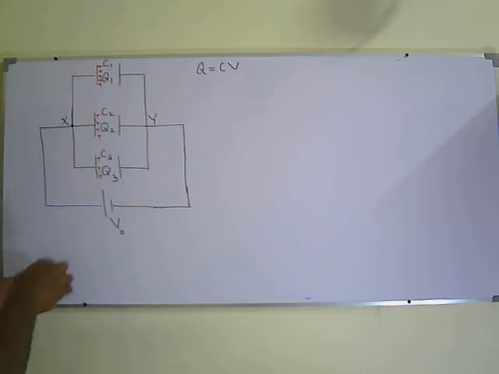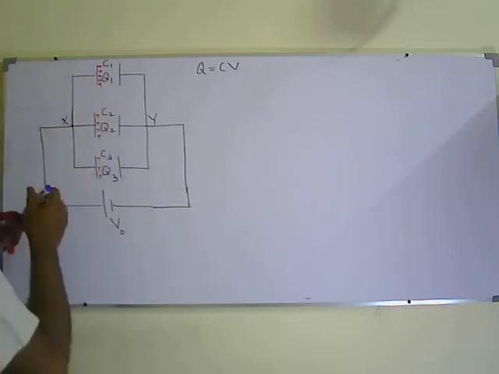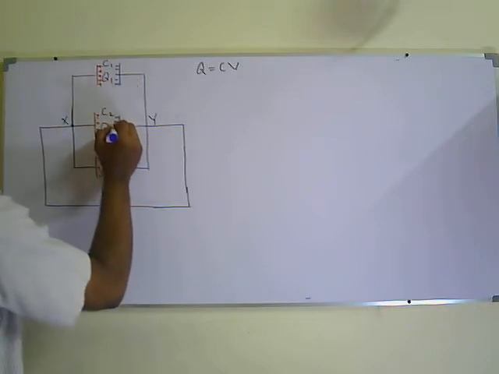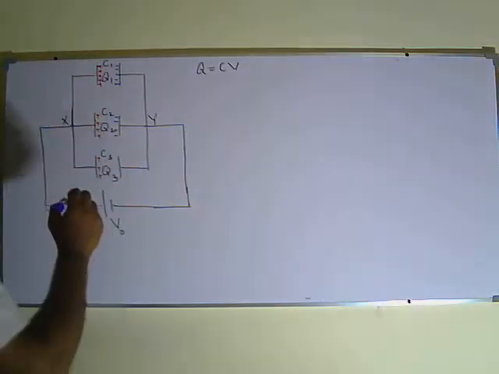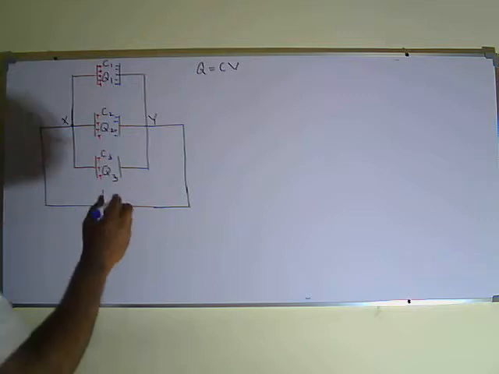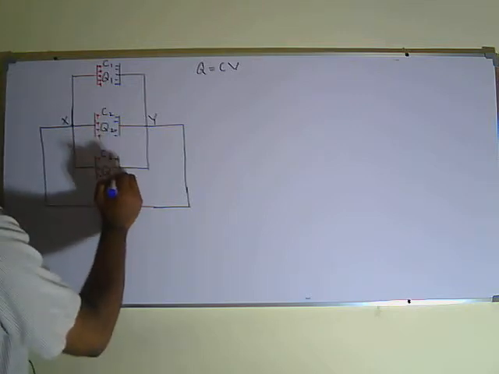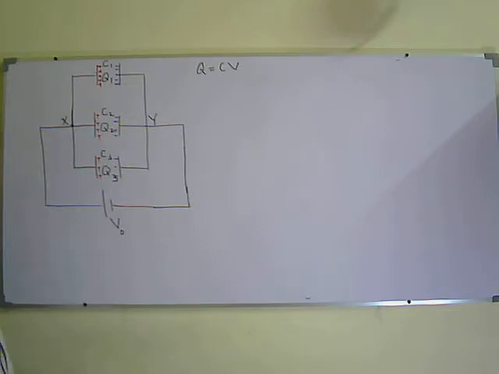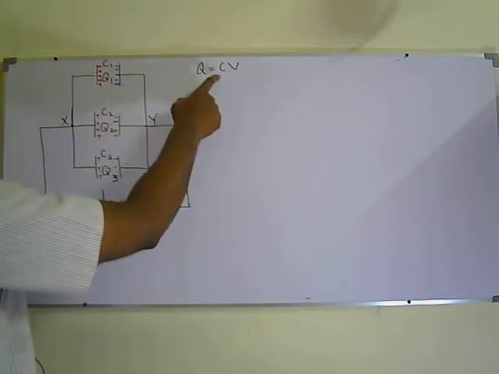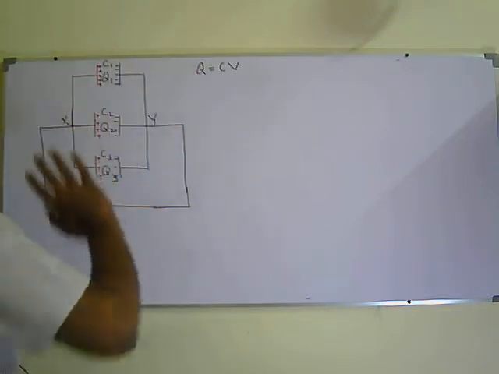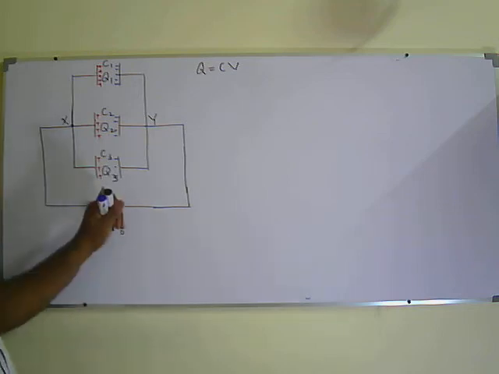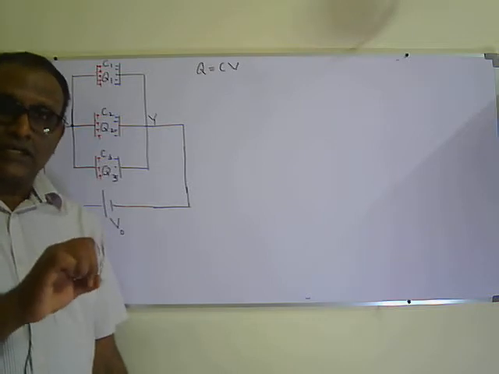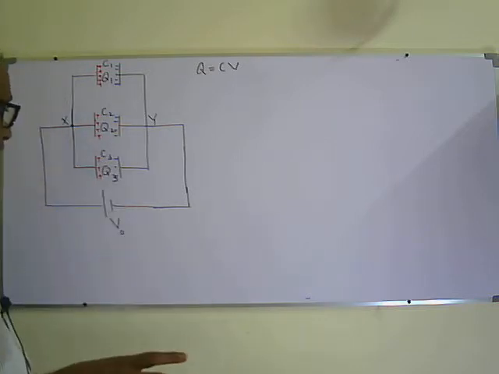So if I say the charge of the first capacitor is Q1, the charge of the second capacitor is Q2. The capacitor which has larger capacitance will carry a larger amount of charge, and the capacitor which has lower capacitance will be charged to a lower magnitude, right?